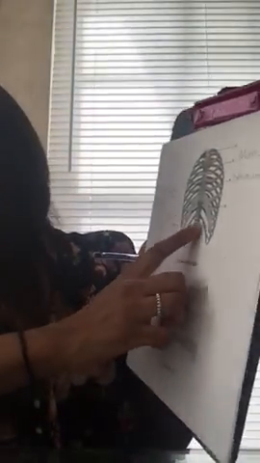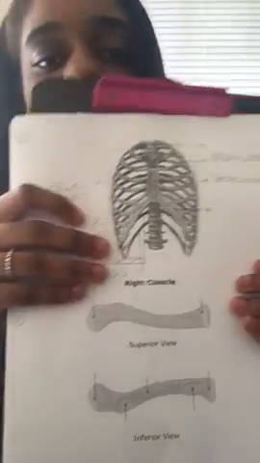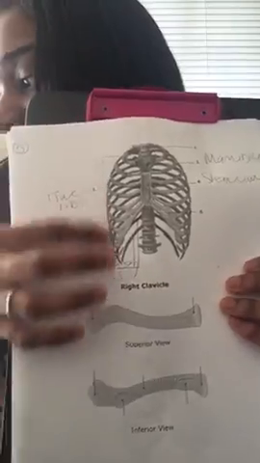And then 8 through 12 are known as the false ribs. And then 11 and 12 on the back are known as the floating ribs. Right there. And then those are the parts of the rib cage. Those are the main parts.